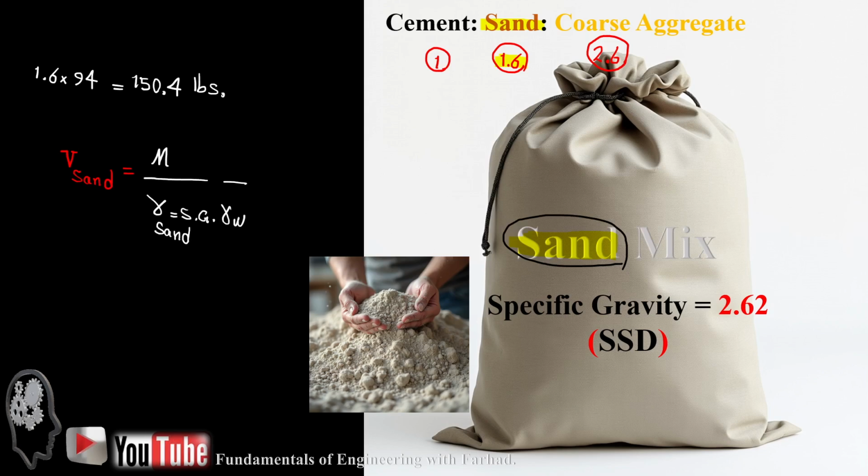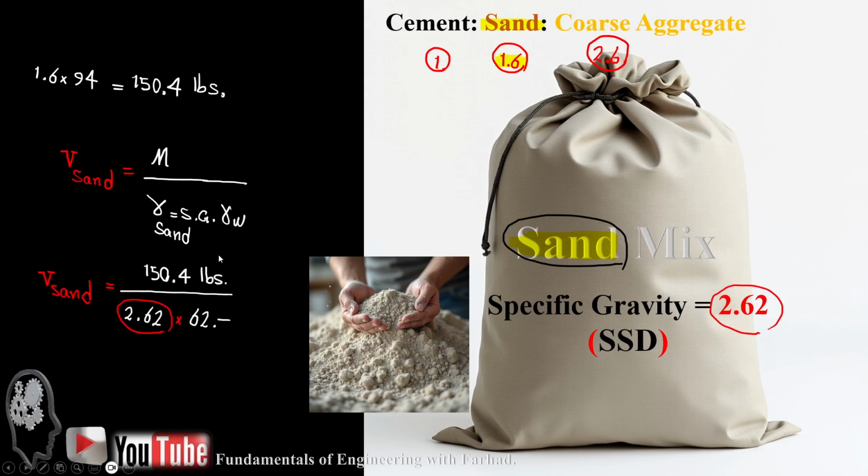And again, V sand, the volume of sand, is mass over gamma, so you can replace the weight of sand we just calculated over the specific gravity of sand, which is 2.62, times the unit weight of water, 62.4, and that sand volume is equal to 0.92 cubic feet.